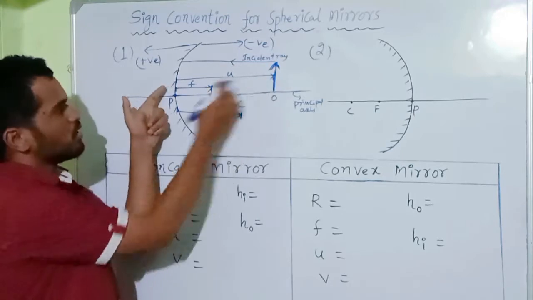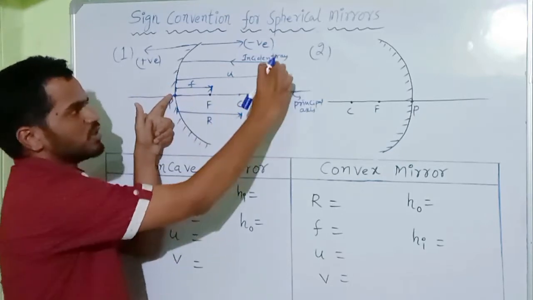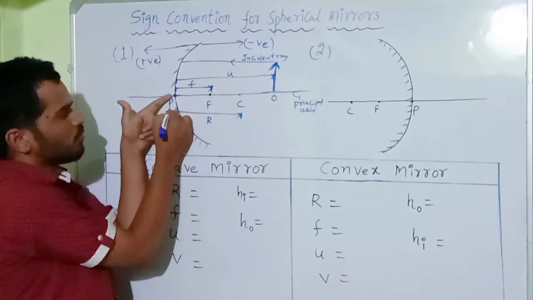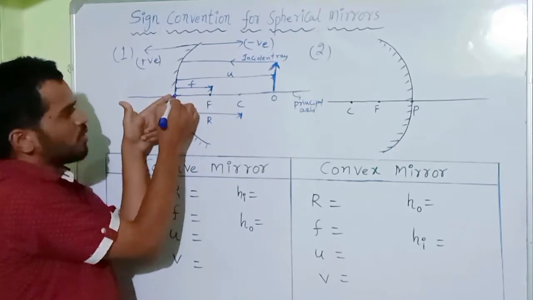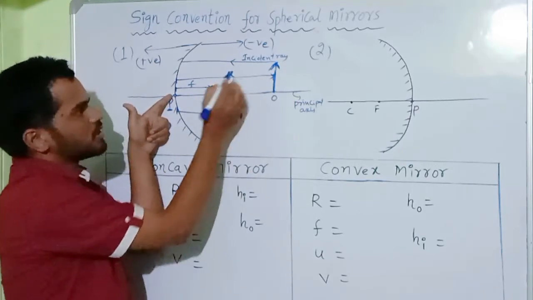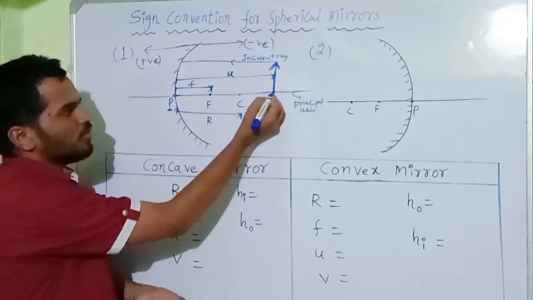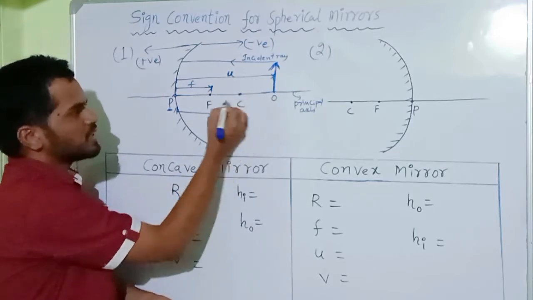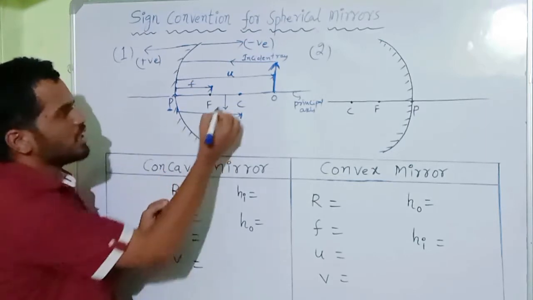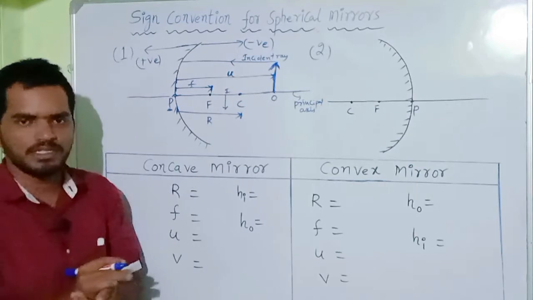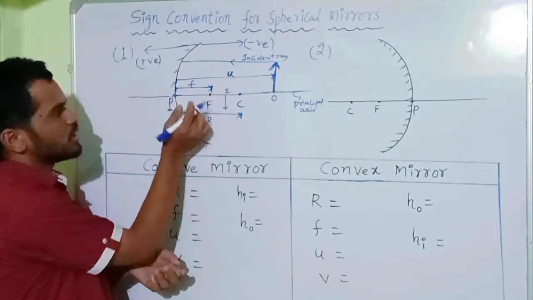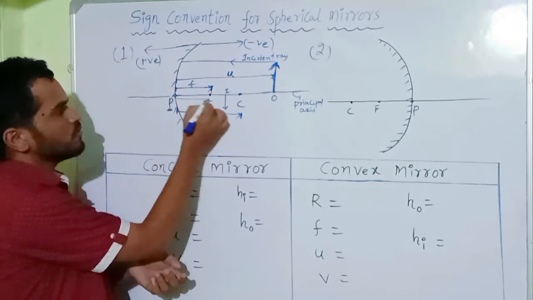All the distances are measured from the pole. Now, when we consider an object behind C, we get the image between F and C. Let us take this as the image.